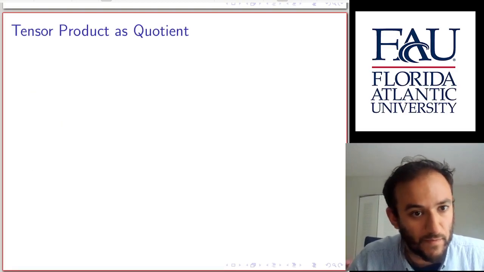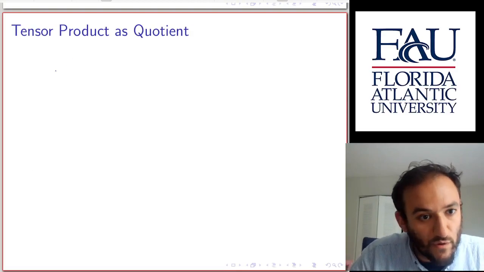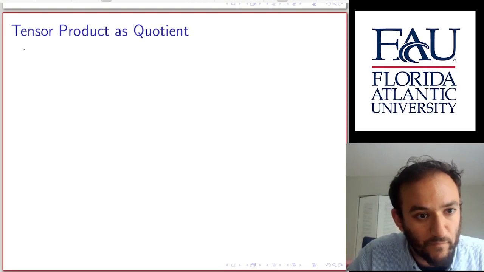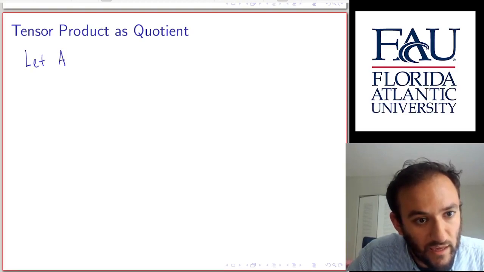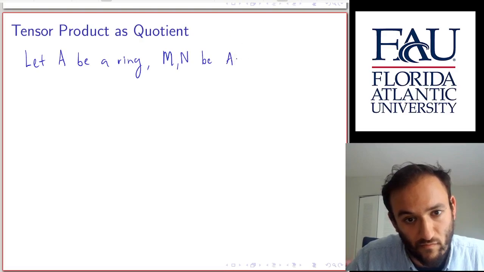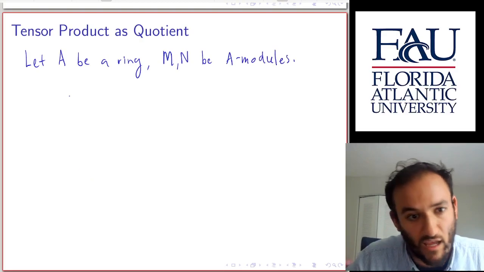McDonald. Okay, let's start by thinking about tensor product as a quotient. So we're going to fix A as a ring, and we'll have M and N as A modules. And we're going to define an A module as follows.